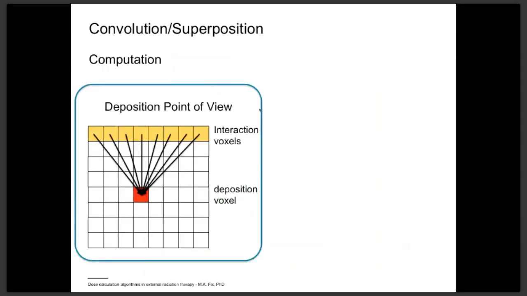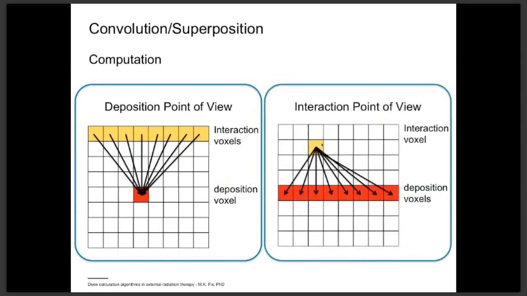And this is illustrated in this graphic. This is the dose point of view. You sit here and you calculate all the contributions of all points S in the grid, or you sit at the interaction point and distribute to all points in the grid the contribution from this interaction site.